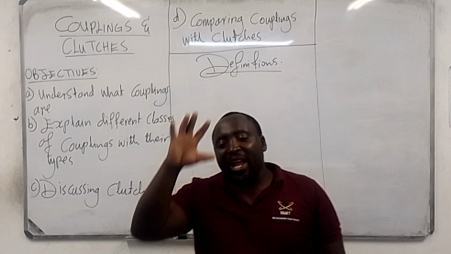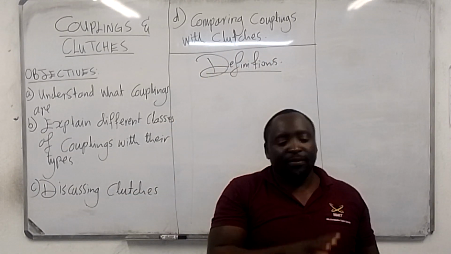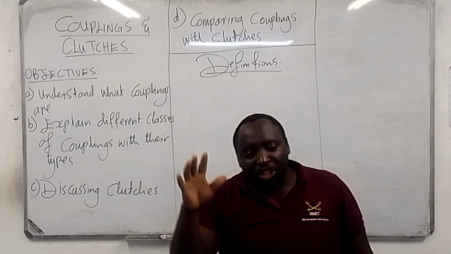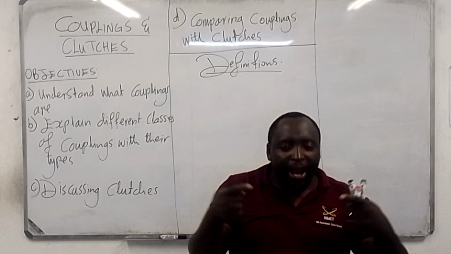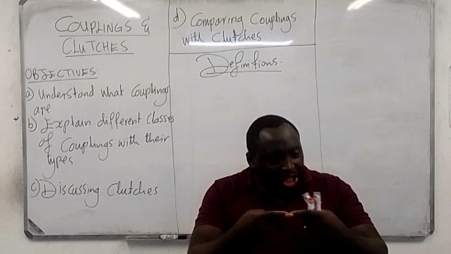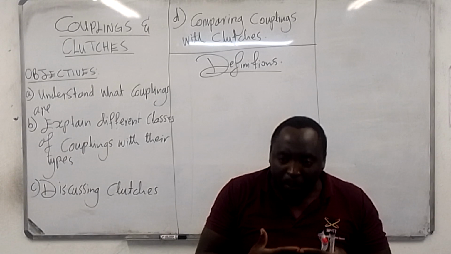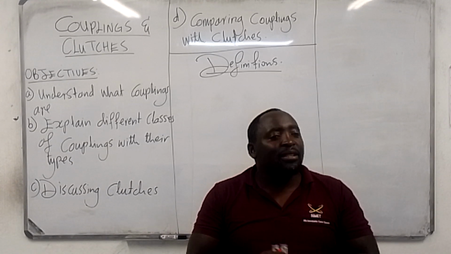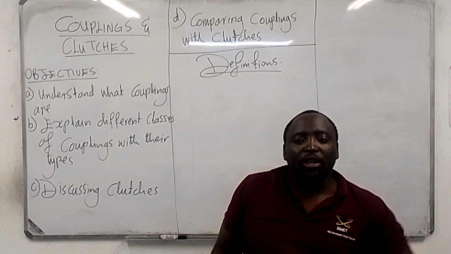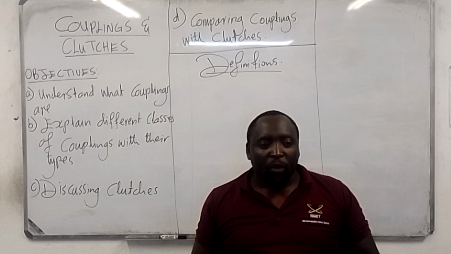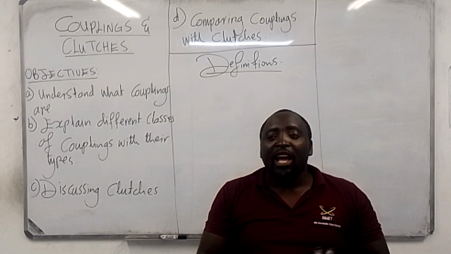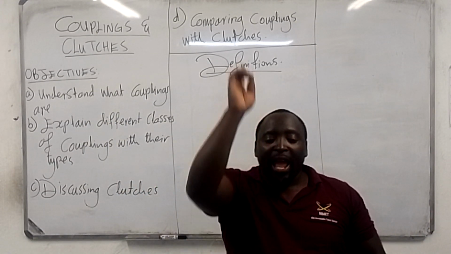A coupling is a mechanical device that is used to join two shafts of the different equipments, such as a motor and a pump. When you want them to operate together, you join them by using a coupling.